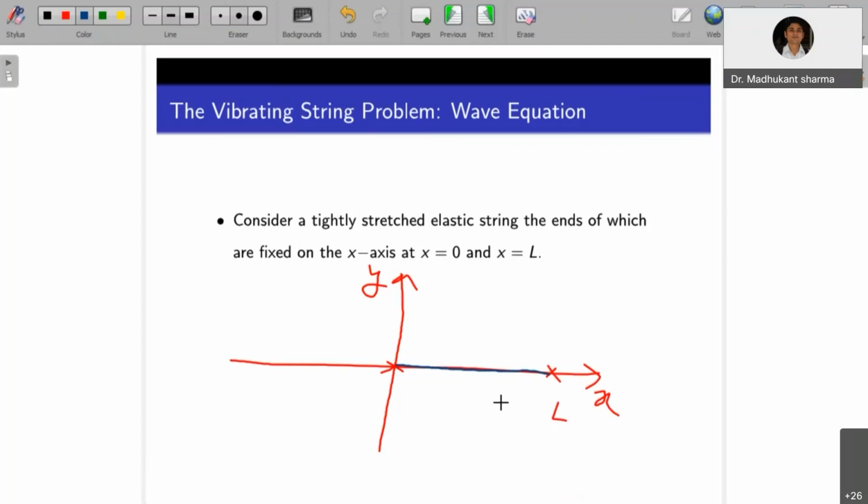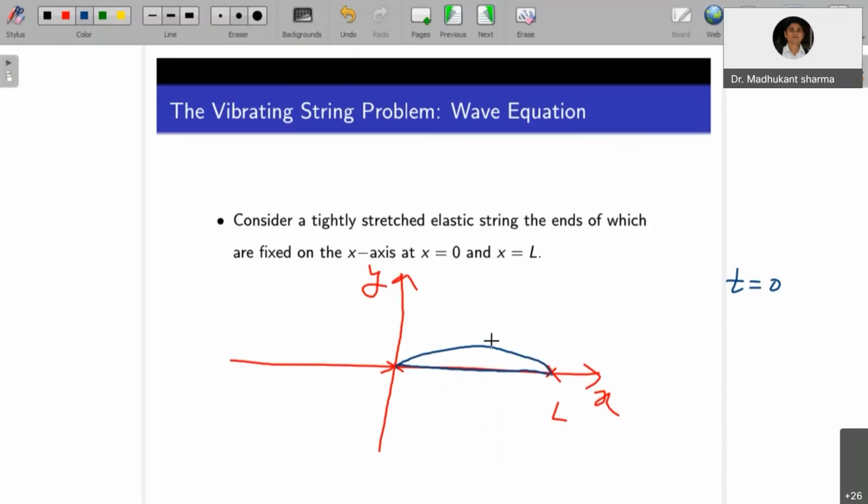Now what you do is, at t equals 0, you stretch it. This is the initial position at t equals 0; let's say the curve goes up.